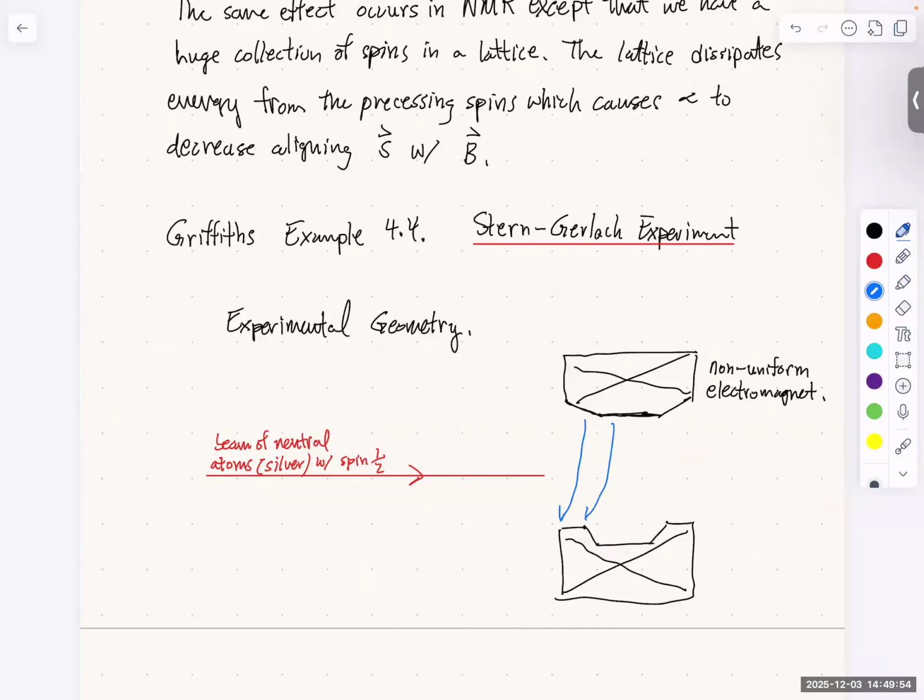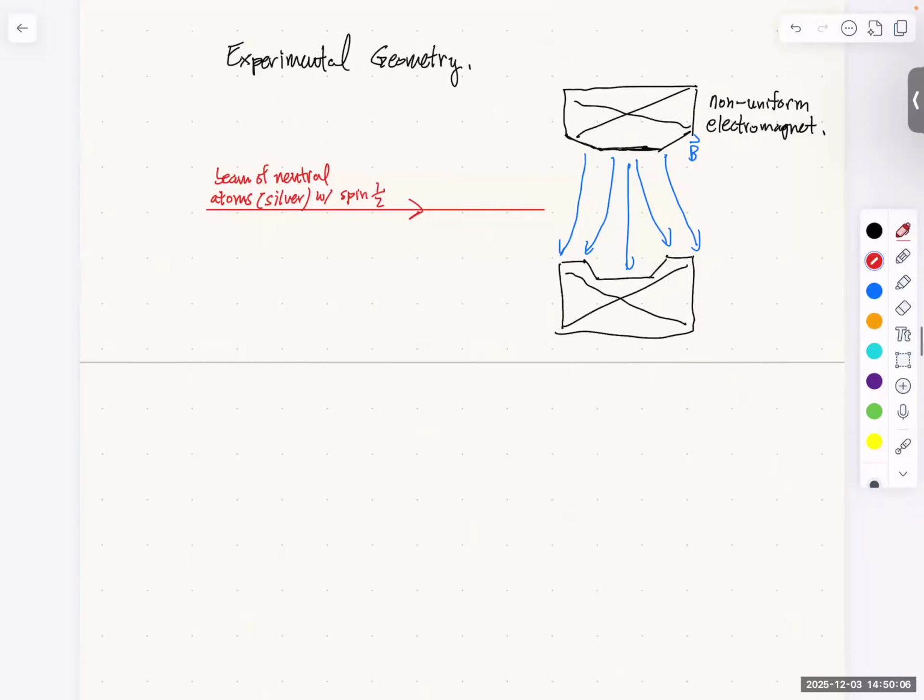So I'm going to try to draw it non-uniform. So these field lines kind of curve a little bit. Okay. So we'll continue this drawing in a second. We're going to add some stuff to it.